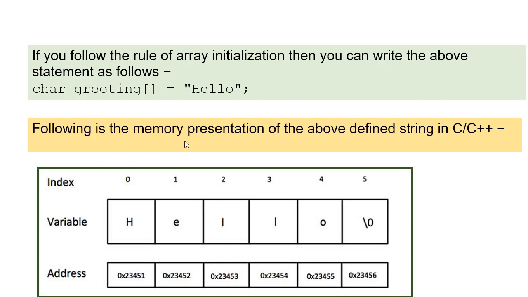Following is a memory representation of the above defined string. This is the index of each character. The first character has index 0, the last one has index 5. Then each character has an address.